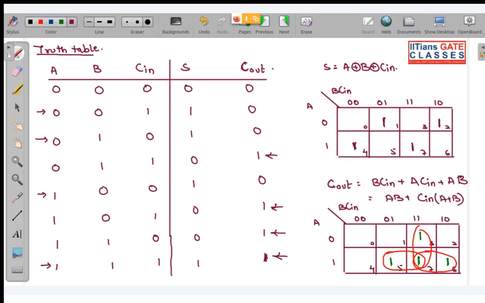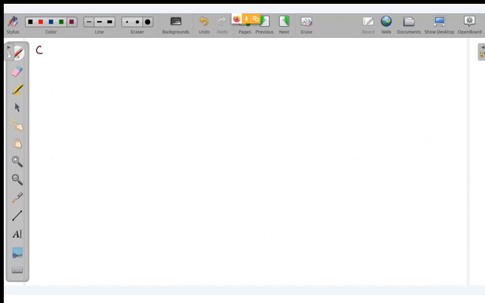Now there is one more way in which I can write this. For Cout, this is the expression, but look at how I am going to write it. It is 3, 5, 6, 7. So Cout is what?